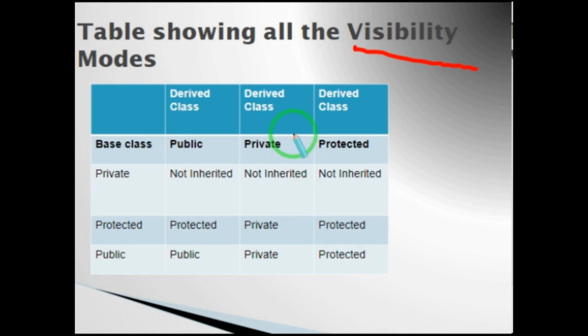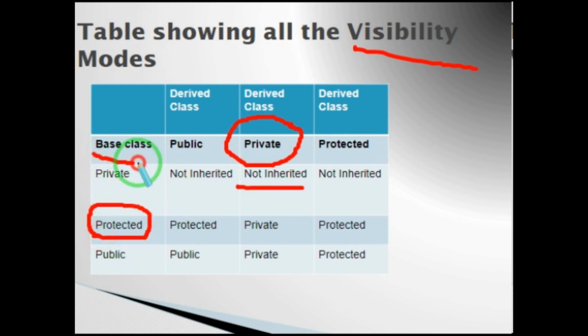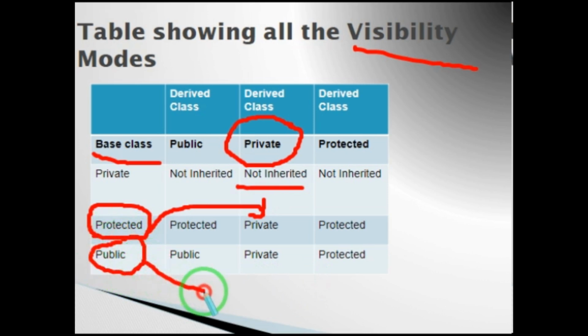Now we are going to discuss private access mode. If I use private access mode in inheritance syntax, the private data member of the base class is not inherited. The protected member of my base class is transferred as a private data member. The public data member of my base class is also accessed as private in the derived class. Done?